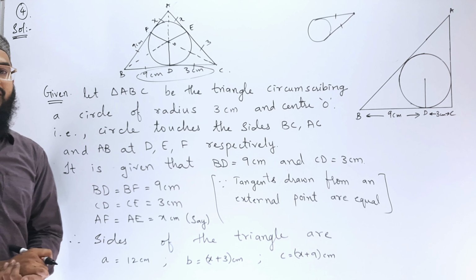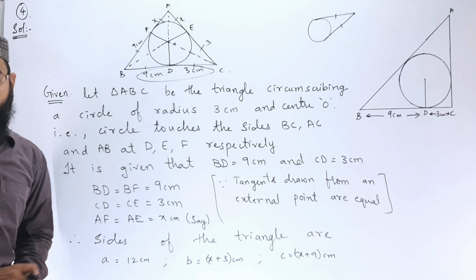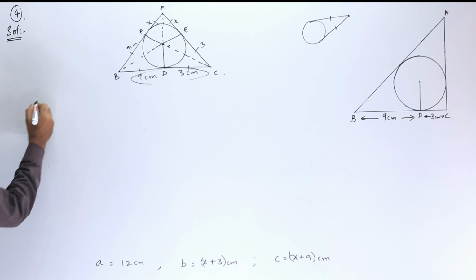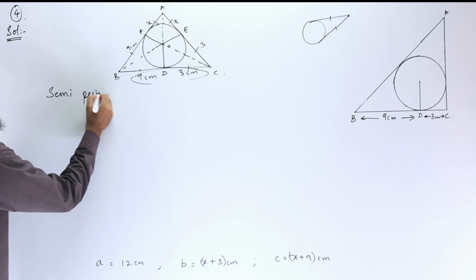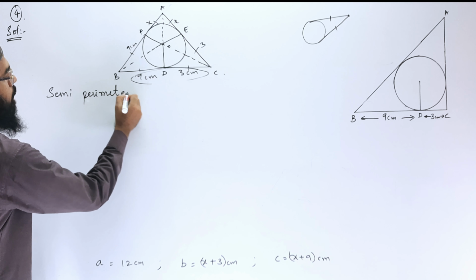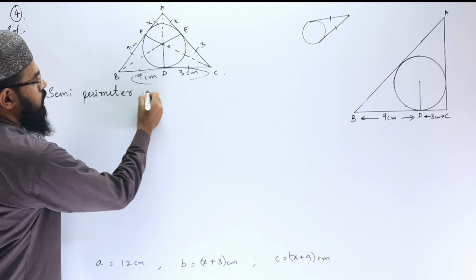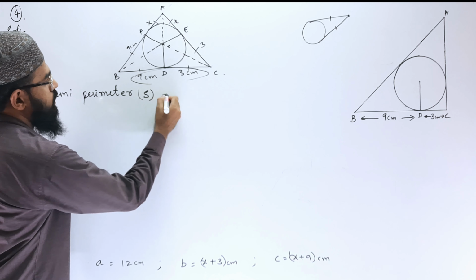Next we will find out the semi perimeter. Semi perimeter s is equal to a plus b plus c by 2. So this is the formula. What are a, b, c? These are all sides.